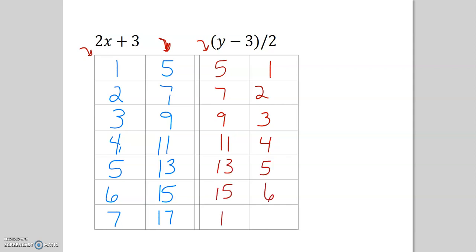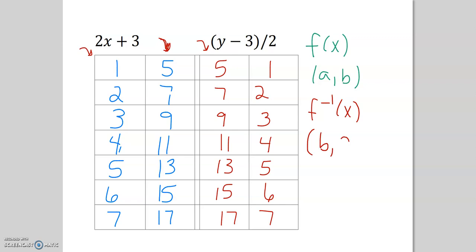And so you'll notice that anytime we have inverse functions in a table form, you just take the x and y and you swap them. So basically, if f of x has the point A, B on it, then f inverse of x is going to have the point B, A. So you just switch the x and y to get the inverse.